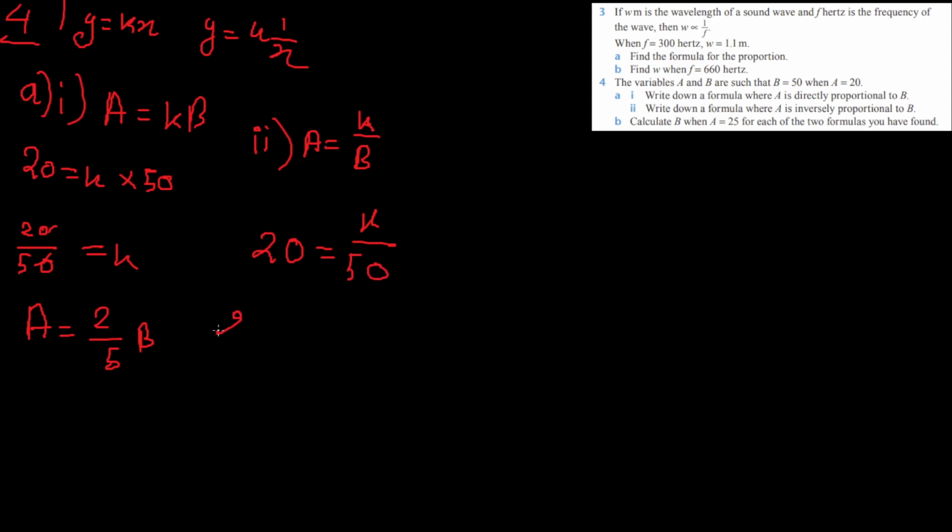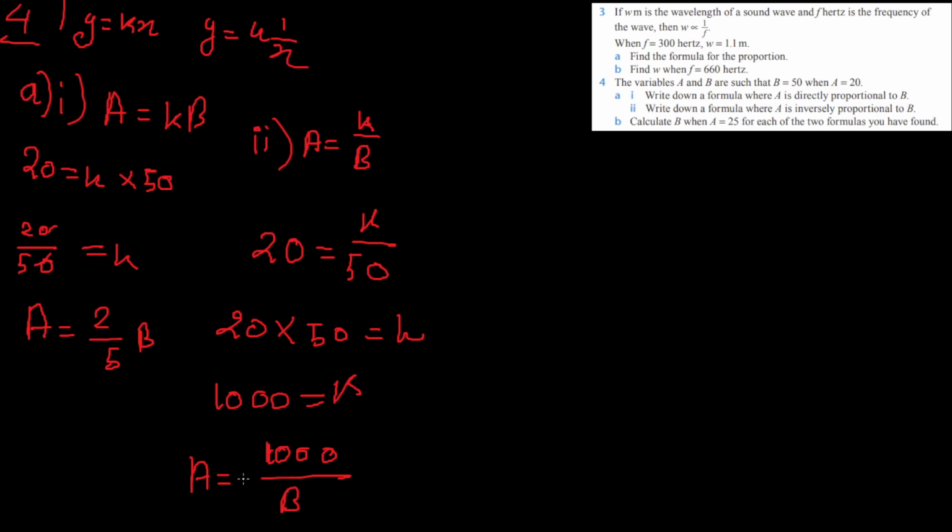So we want to multiply 20 by 50 equals k. 20 times 50 is going to be 1,000. So 1,000 equals k. We input this here, so it's going to be a equals 1,000 by b. These are our two formulas. We can use these two formulas to calculate number b.